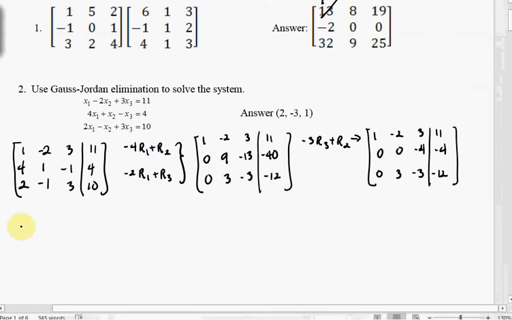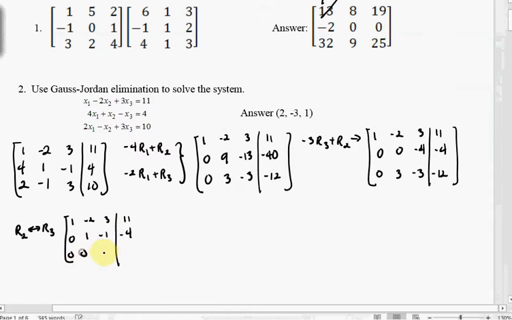So interchange rows 2, row 3, and then we'll do our division. And while we do that, so 1, negative 2, 3, 11. It's going to be a 0, 1, negative 1, negative 4.